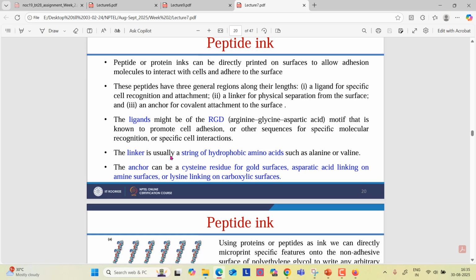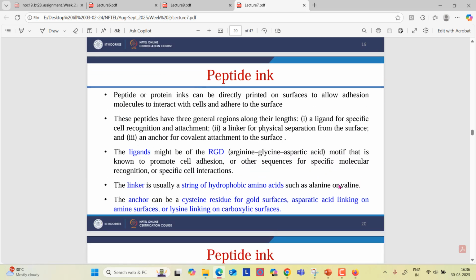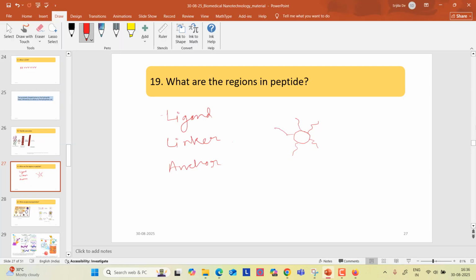The linker is usually a string of hydrophobic amino acids such as alanine or valine. These hydrophobic amino acids will separate the surfaces. And the anchor can be a cysteine residue for gold surfaces, aspartic acid linking on amine surfaces, or lysine linking on carboxylic surfaces. Okay, this is the peptide region.